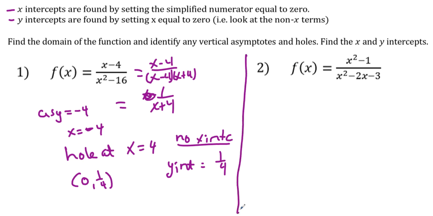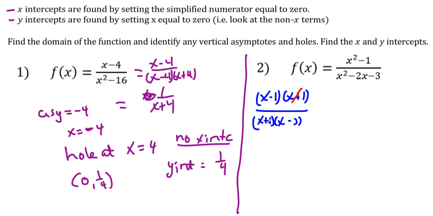All righty, so here we're going to take a look at a more complex problem. So what I can do is go ahead and factor difference of 2 squares on the top. And we've got what times what is equal to negative 3, and that together gives negative 2. So we can easily factor that out as x plus 1 and x minus 3. All right, these cancel.